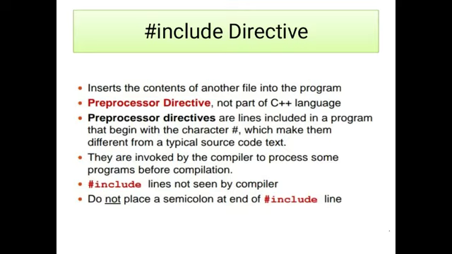They are invoked by the compiler to process some things before compilation. Hashtag include lines cannot be seen by the compiler, and the syntax tells us that we do not have to place a semicolon at the end of a hashtag include line.